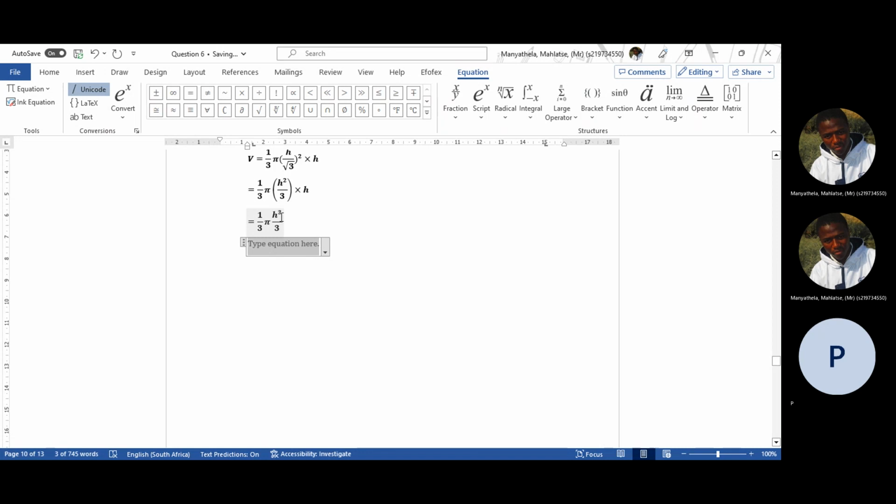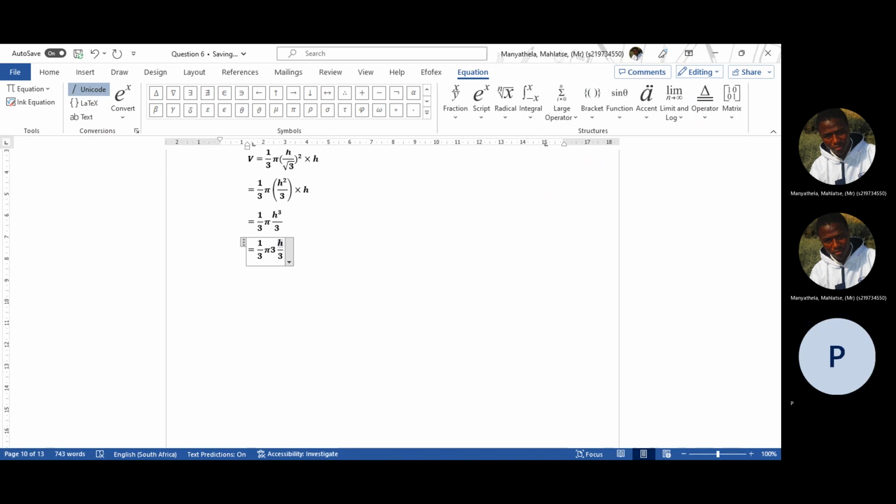So 3 will come down to multiply H cube over 3, so we'll have 1 over 3 pi, 3 multiplying H cube over 3.